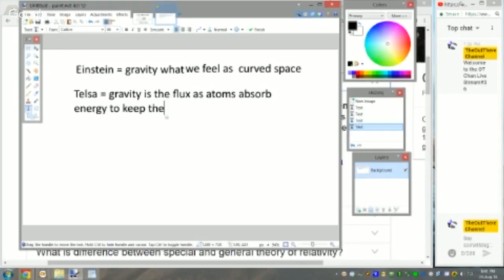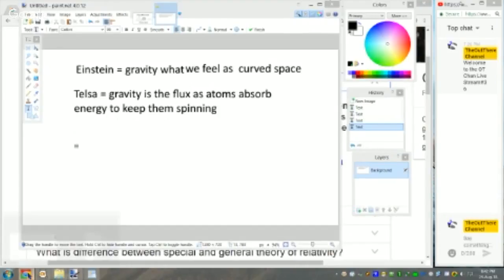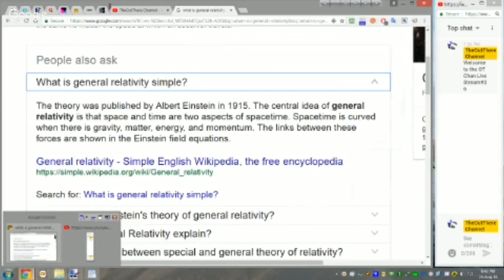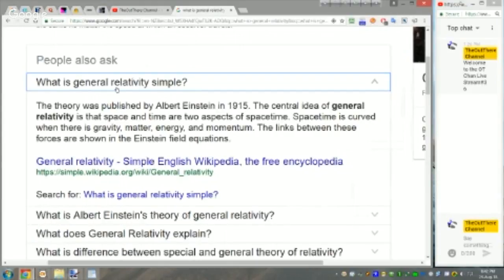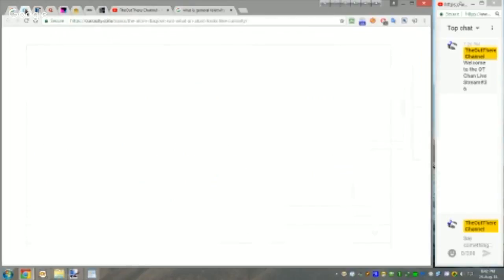And so as we know, atoms are not stationary things. They've got electrons orbiting. So we go back to look at the model of the atom. This one again.